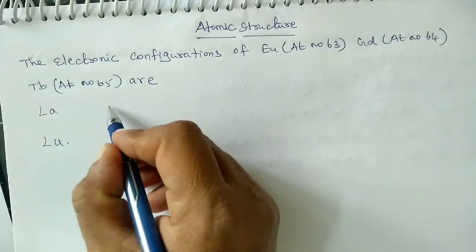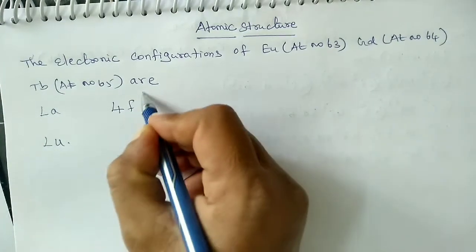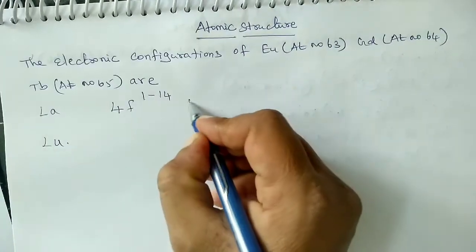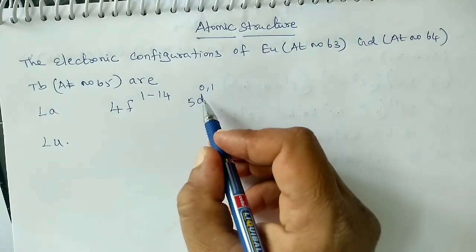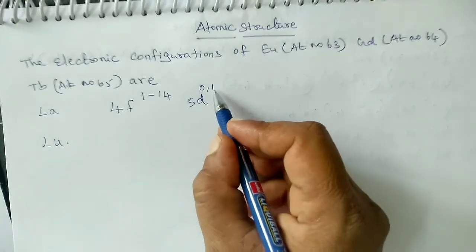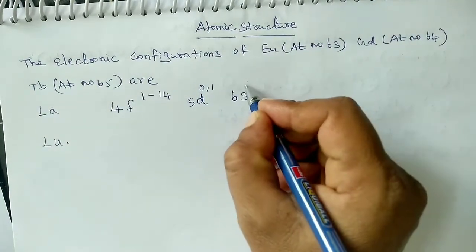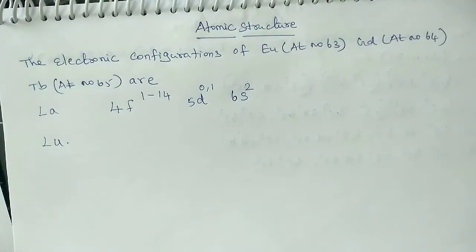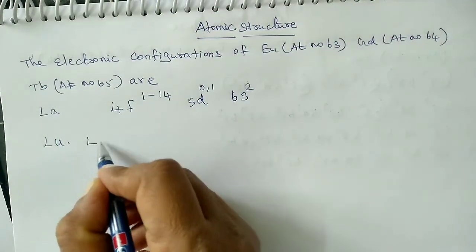The general electronic configuration of this lanthanide series is 4f 1 to 14, 5d 0 or 1. The 5d electron may be 0 or sometimes 1, and the 6s orbital is completely filled, 6s2. Let us take the first element of this series, lanthanum.